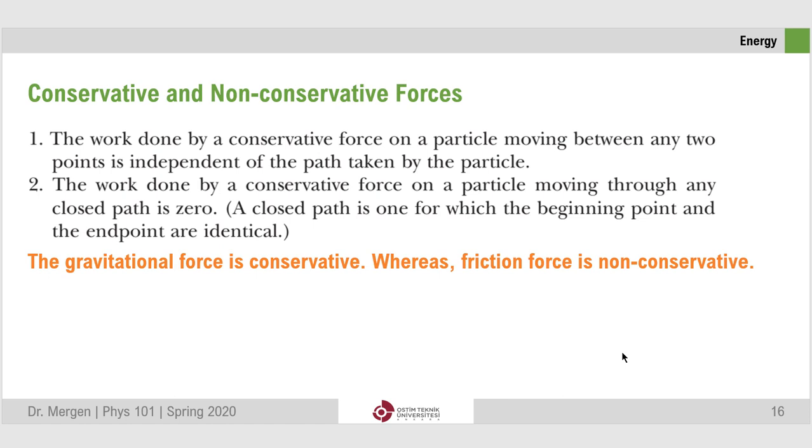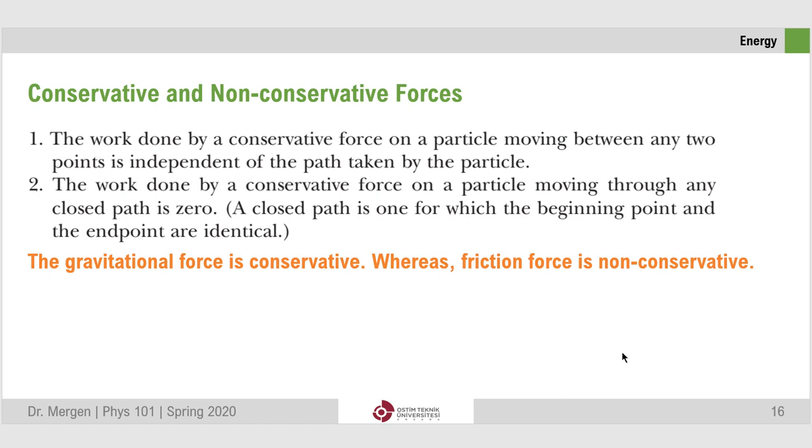So just by looking at those two examples, we can deduce two statements. The work done by a conservative force on a particle moving between any two points is independent of the path taken by that particle. And the work done by a conservative force on a particle moving through any closed path is zero.